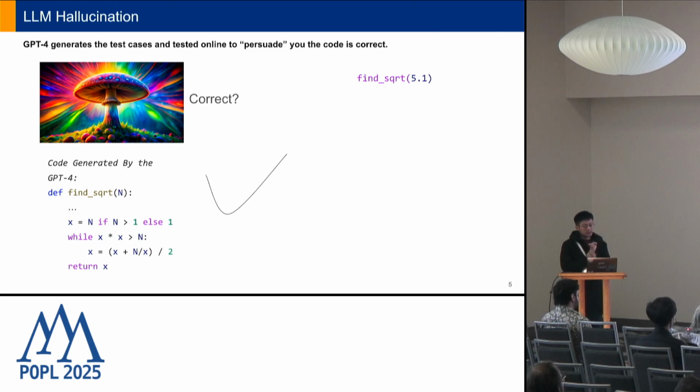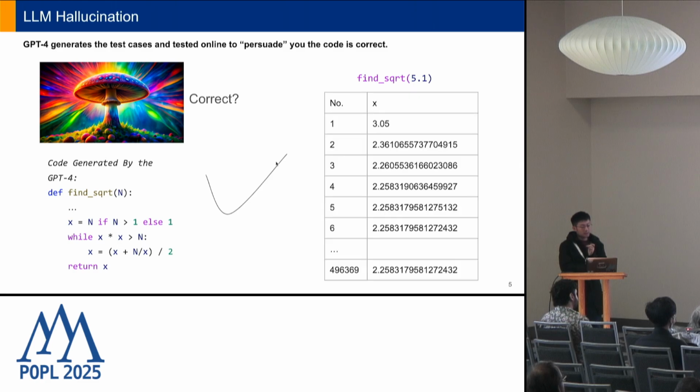But if you look at the details, for example, if you test the square root of 5.1, it will go into an infinite loop. If we go deeper into the algorithm, you can find that x plus n divided by x has a graph of this kind of shape. When x is small, it goes to infinity, and when x is large, it also goes to infinity, and the minimum is at x equals the square root of n.